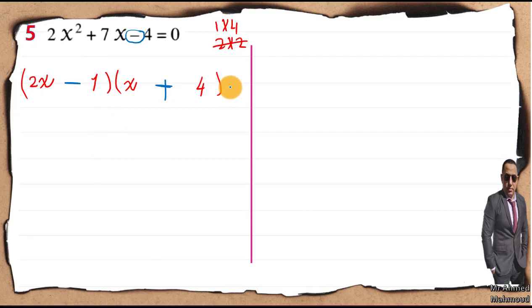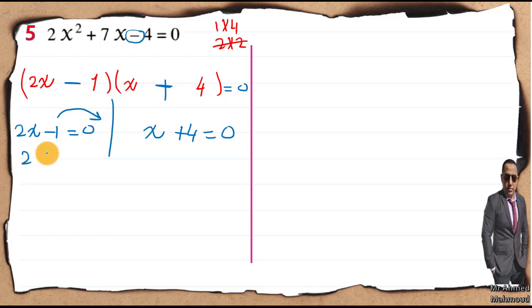Okay, now here this is equal to 0. I'm going to separate between the two brackets. 2x minus 1 equals 0 and x plus 4 equals 0. Here I'm going to send the minus 1, so 2x equals 1. I'm going to send 2 to the right side divided, so x equals 1 over 2.